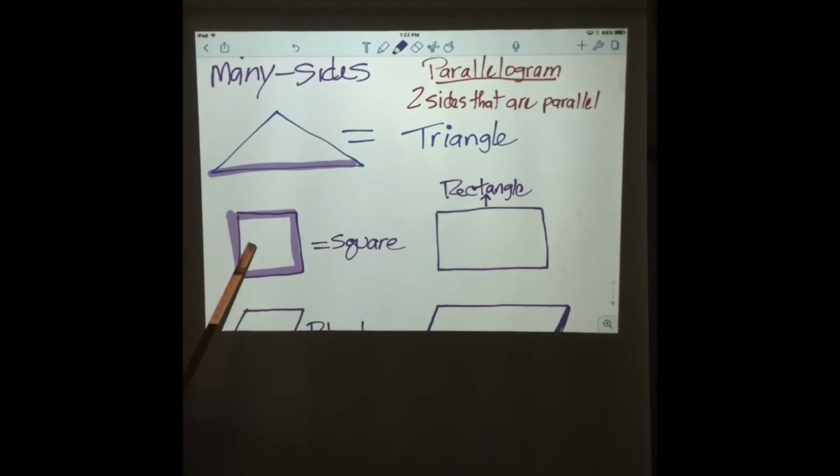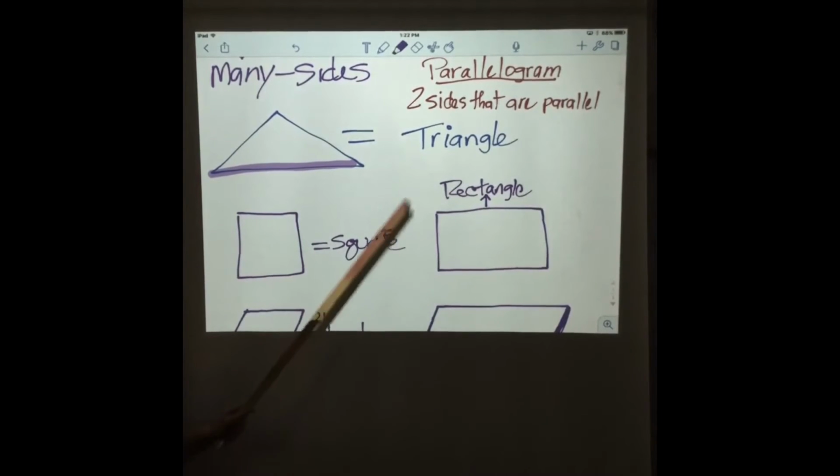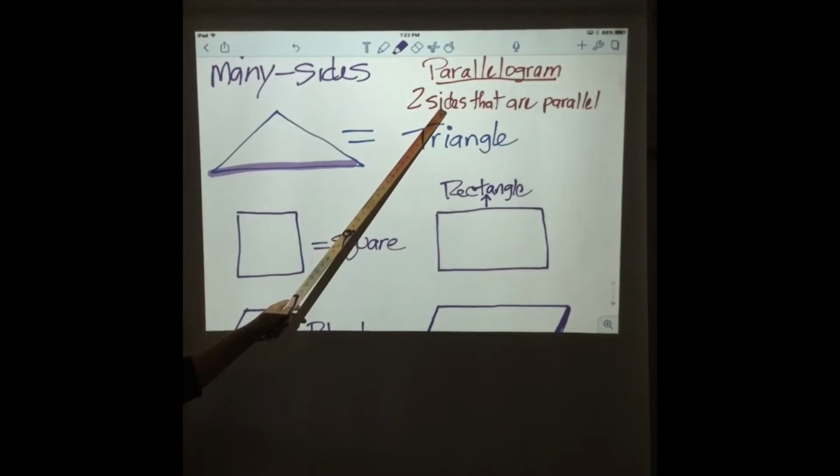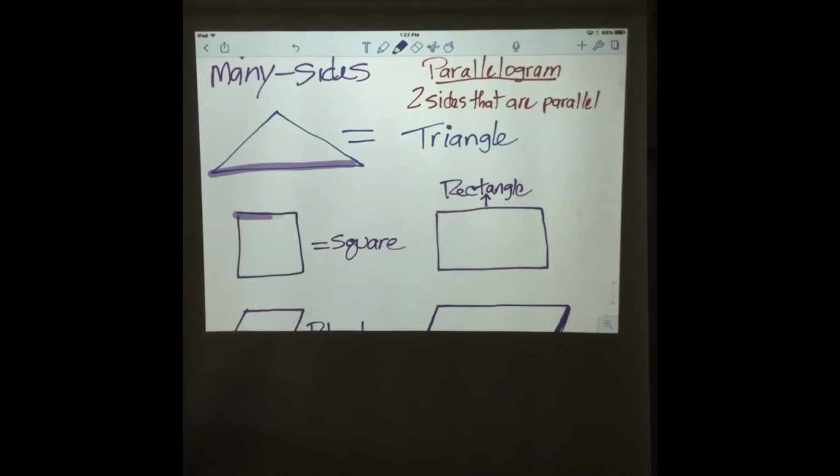So yes, it is a quadrilateral. Now, is it a parallelogram? Well, this side is parallel. These two sides are parallel, right? You see the parallel? And this is also parallel, isn't it? So it has two sets of parallel lines.